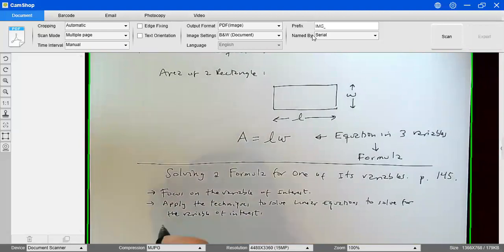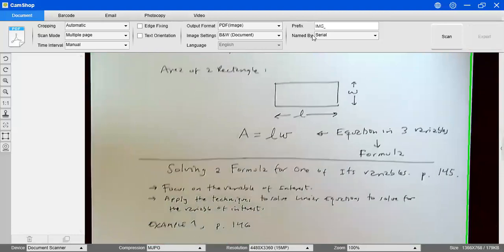We're gonna start with example 1 on page 146.